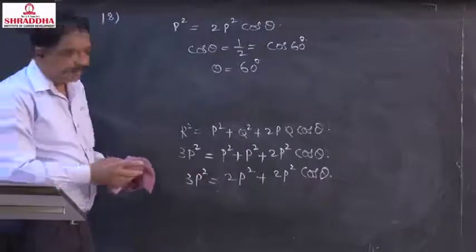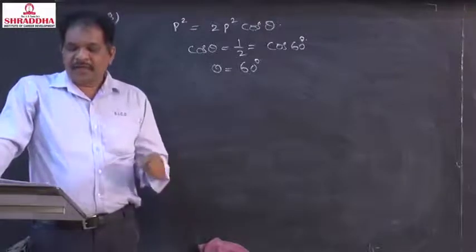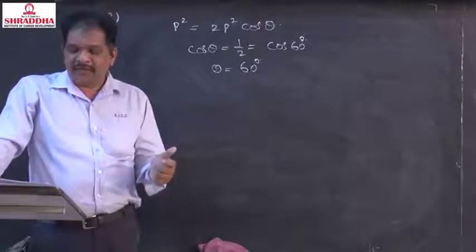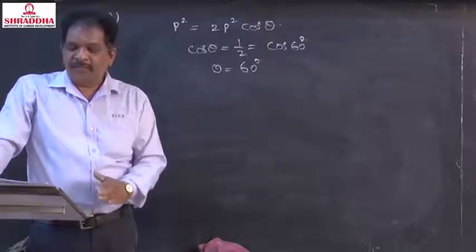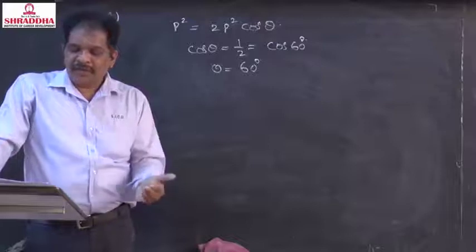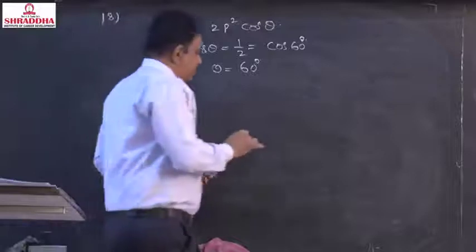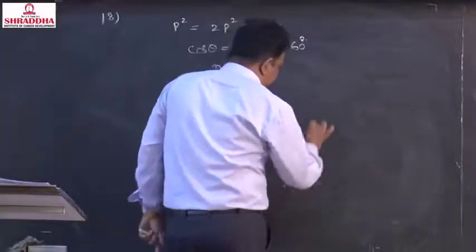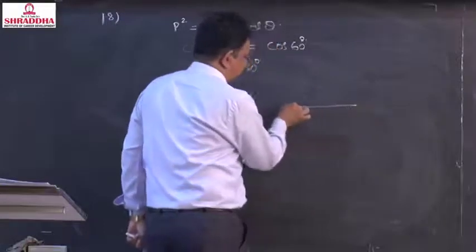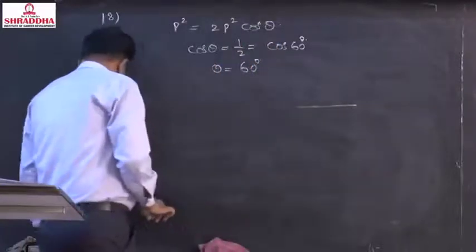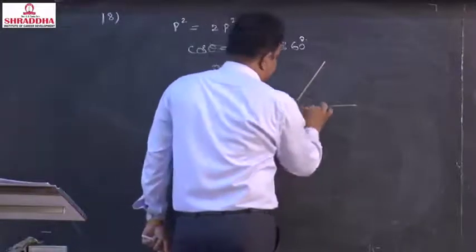Now what they are asking is, if the angle between them is increased by half of its initial value, find the magnitude of the difference of the two vectors. Okay. So initially one vector is like this and another vector is like this.